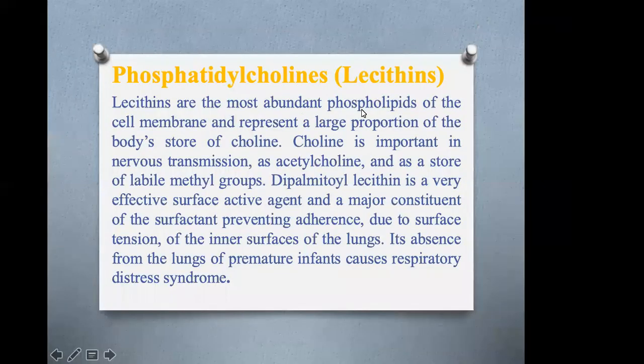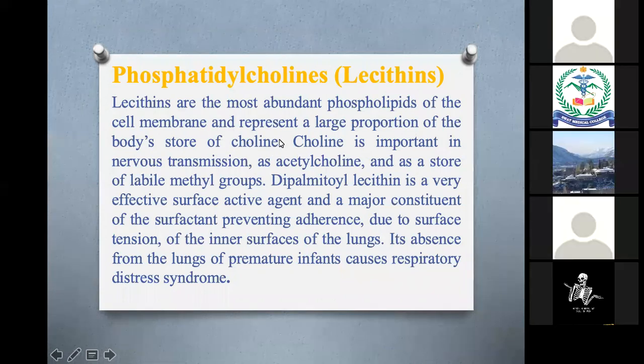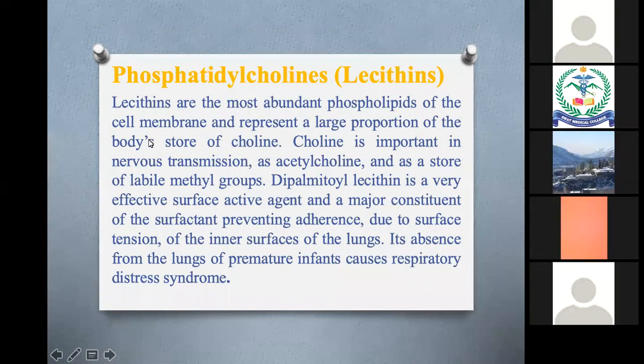Lecithins are the most abundant phospholipids of the cell membrane and represent a large portion of the body stores of choline. Choline is important in nerve transmission as acetylcholine and is a store of labile methyl groups. Dipalmitoyl lecithin is a very effective surface active agent and a major constituent of the surfactant preventing adherence.